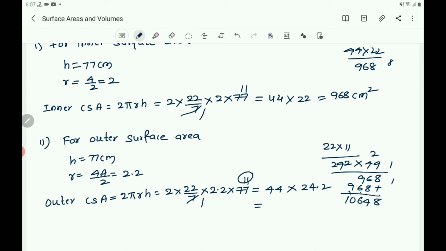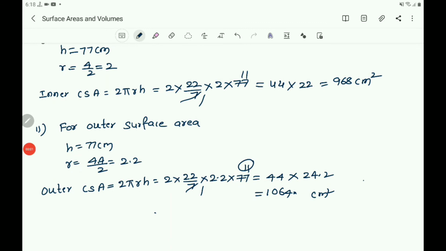That equals 1064, and the point is there, so it is 1064.8 cm square. Next we have to find out the TSA.